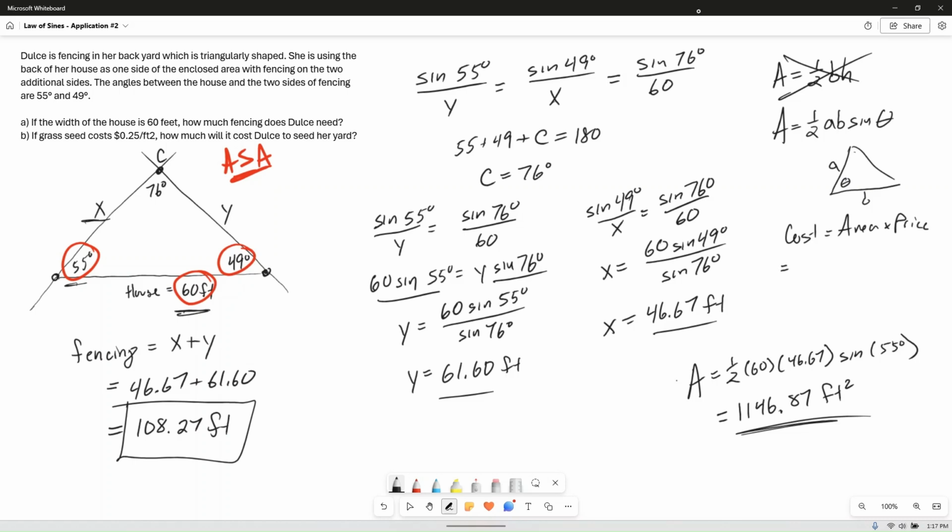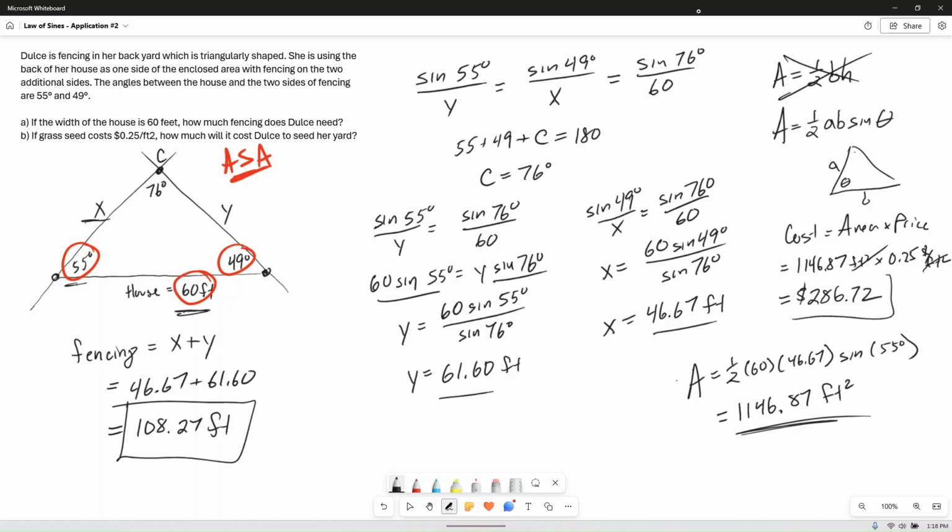So if I take this 1,146.87 square feet and I multiply that by 25 cents per square foot, I end up getting a value of 286.72, and that's going to be in dollars. So again, it's only in dollars. That's the only unit left because the square feet canceled out.